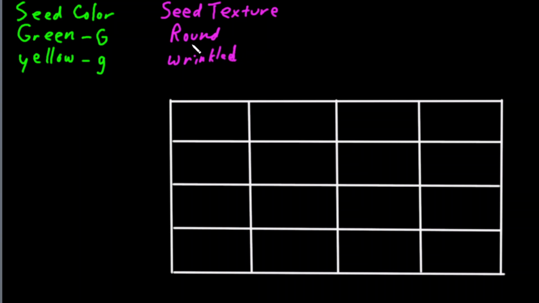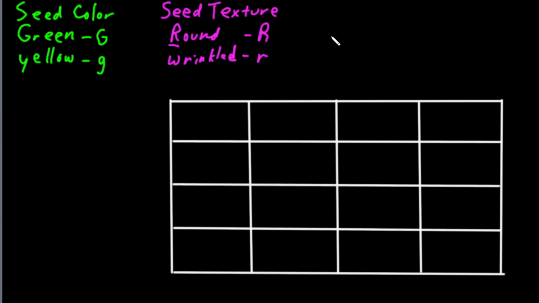And I'll name that after the dominant trait, so I'll put a capital R, and wrinkled will be with a lowercase r, because we have to use the same letter. All right, so that is how we would fill in the gene information and the gene trait information. The next part that we need to look at is we need to write the parental genotypes.